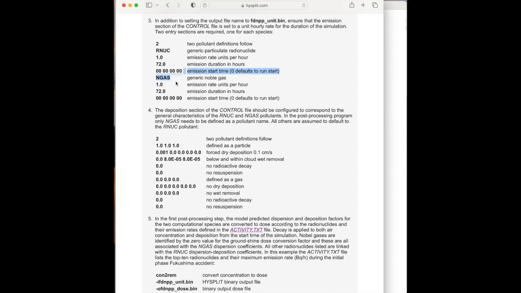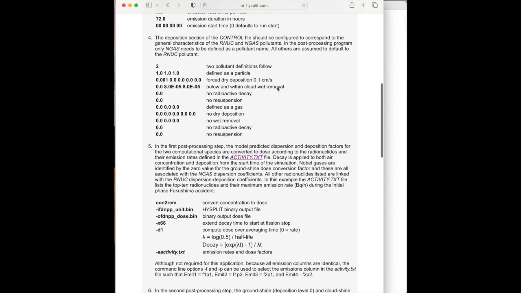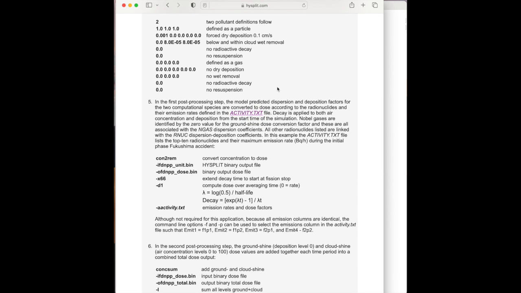Dose is computed for each defined radionuclide using either the rnuc or N-gas specifications. The dose is defined as the sum of the product of the emissions, dose conversion factor, dispersion and deposition coefficients over all radionuclides.